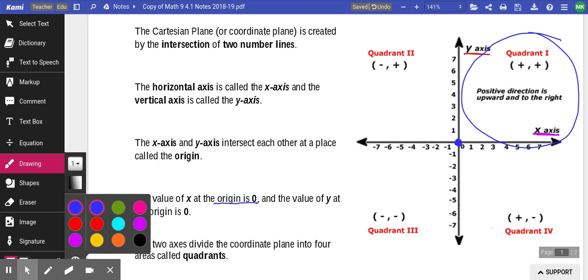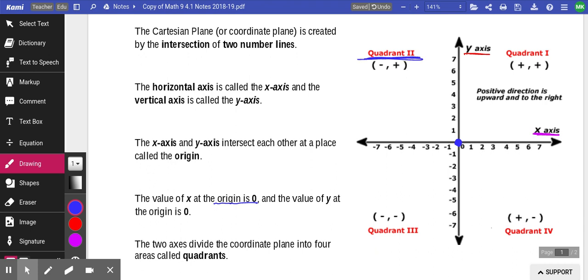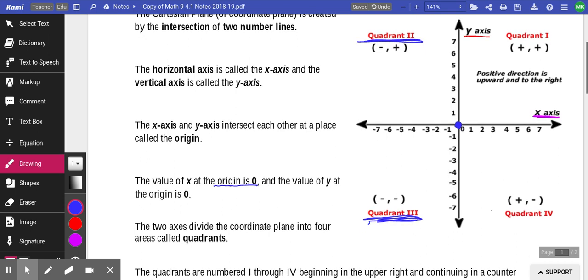Most of the math that you've probably done on a Cartesian plane, especially in science, would have been in quadrant 1 because it was always positive numbers. You then label the quadrants by going counterclockwise. So that means going to the left and backwards. So this is quadrant 2 over here. If you go down, that's quadrant 3. If you go to the right, that's quadrant 4.